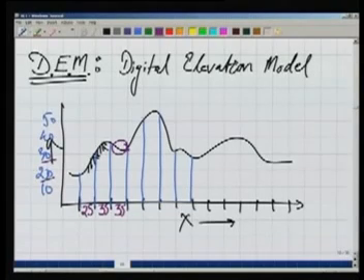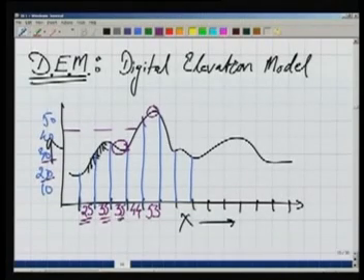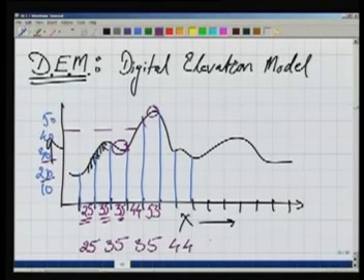Over here, the height is around 44, and over here a height of 53. And what we end up with is that we are now representing a continuous ground in discrete form as 25, 35, 35, 44, 53, and so on.